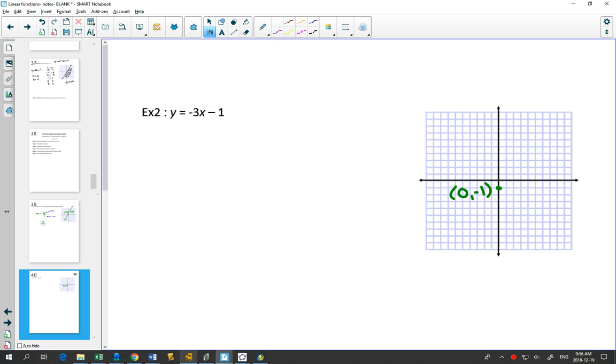0, -1. My slope is -3, which I can write as -3 over 1. Rise over run, that means I'm going to go down 3 over 1, down 3 over 1. If I label one of these points, 1, -4, I'm going to be able to graph my line.